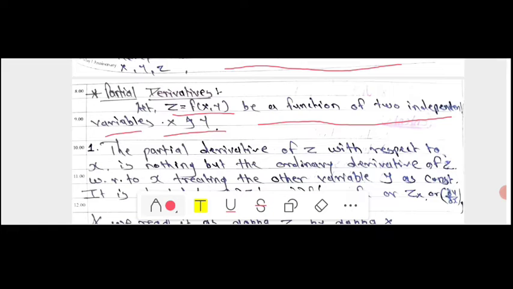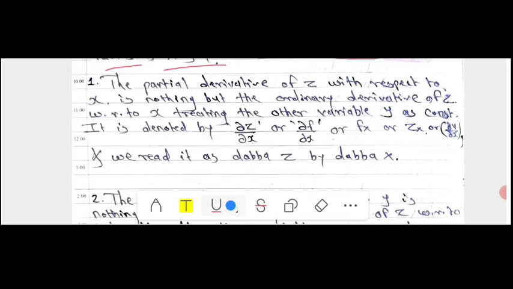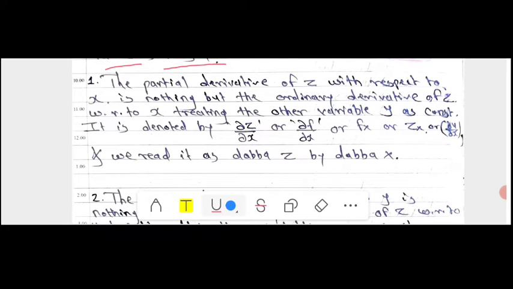Here we take the function in which two independent variables are involved. First we see the partial derivative of z with respect to x, which is nothing but the ordinary derivative of z with respect to x, treating the other variable y as a constant.